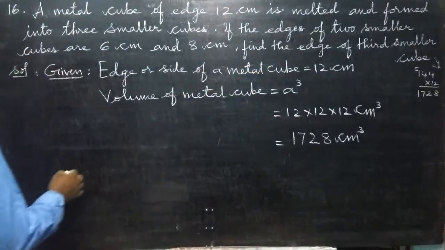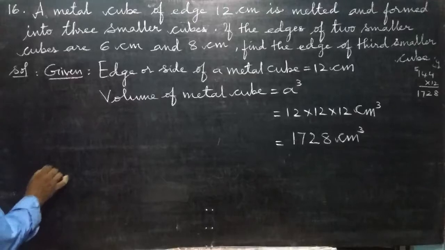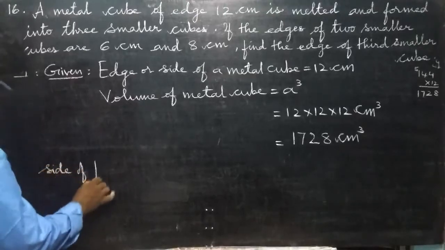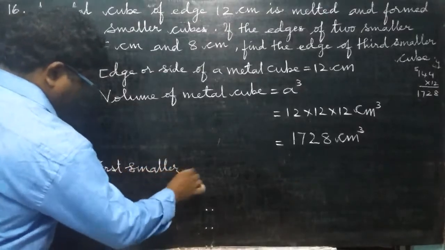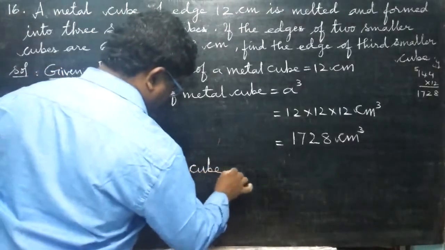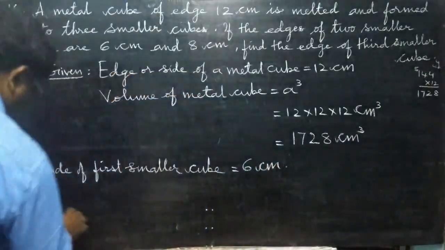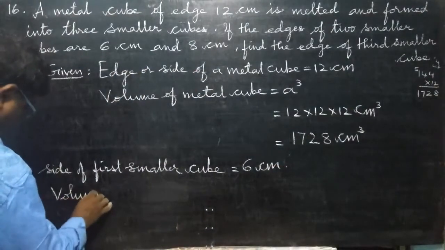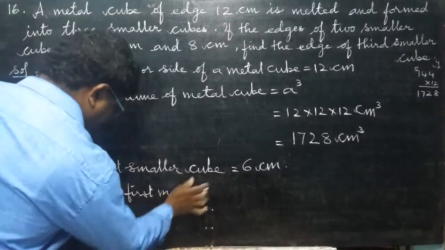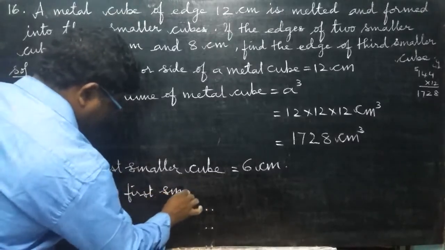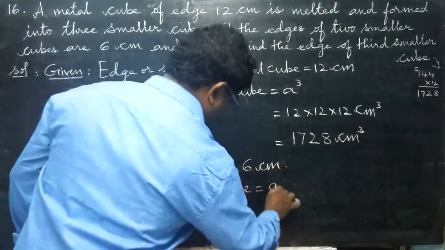Now, side or edge of the first smaller cube. First smaller cube, how much they gave? 6 centimeters they have given. Now find the volume. Volume of the first smaller cube is equal to a cube.